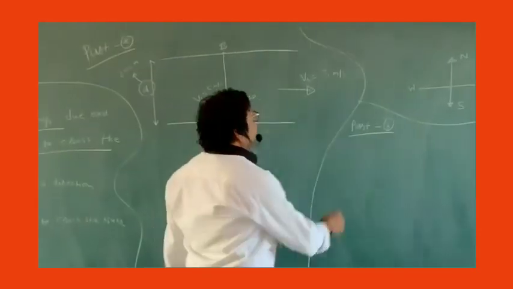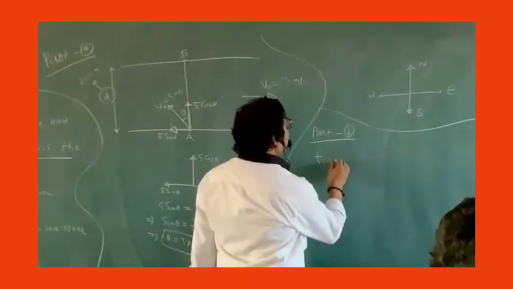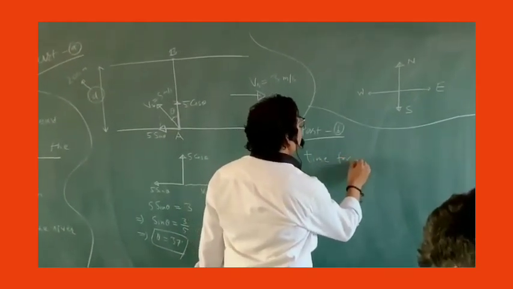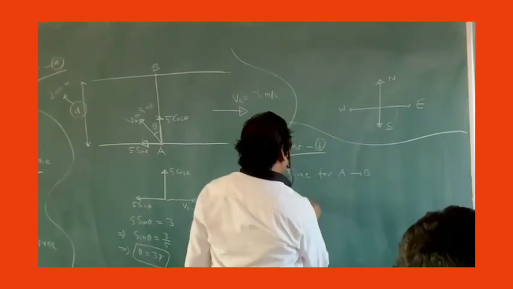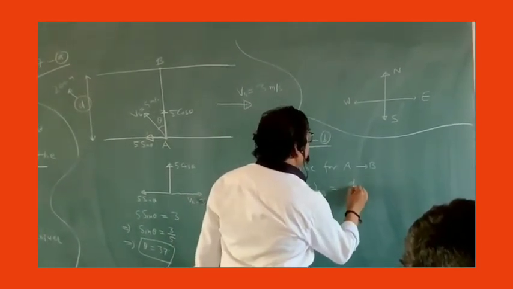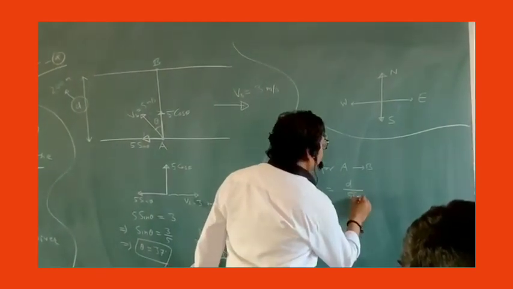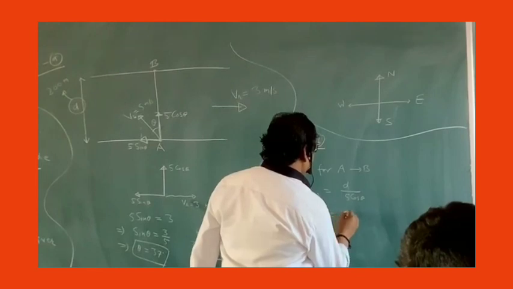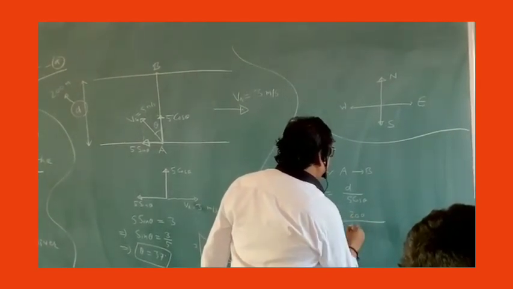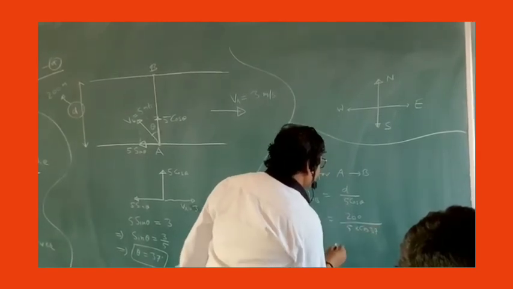So time for A to B, T_AB, is distance upon the speed. Speed is 5 cos theta. So this is 200 over 5 into cos 37.